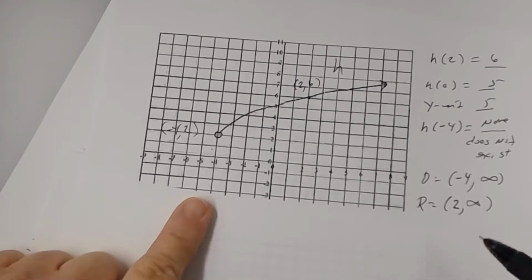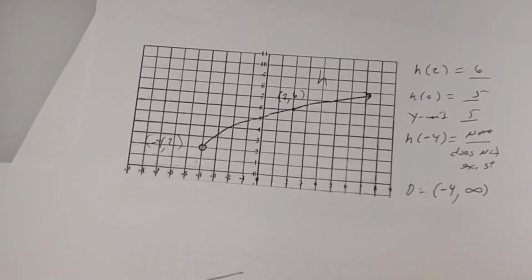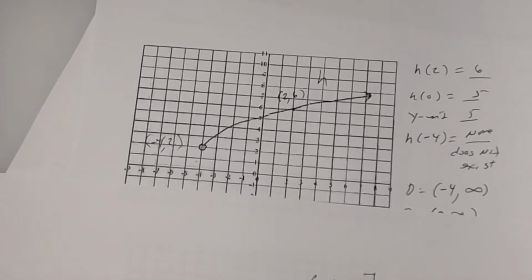We always use parentheses with infinity and negative infinity, because it's not a number. It's not bounded. There's a difference between saying -4 to 8 with a bracket, where the 8 is bounded and you stop at 8, and infinity, where you can't stop.